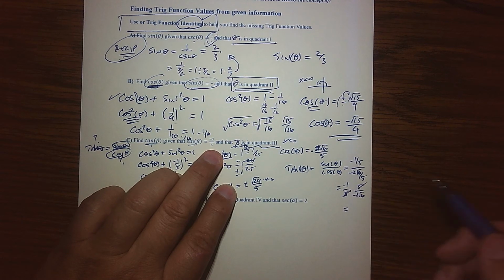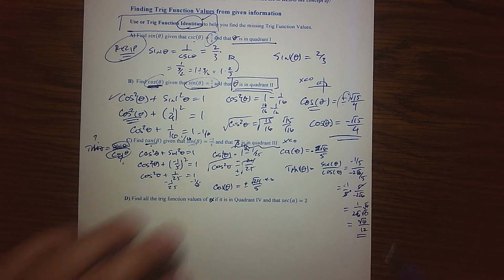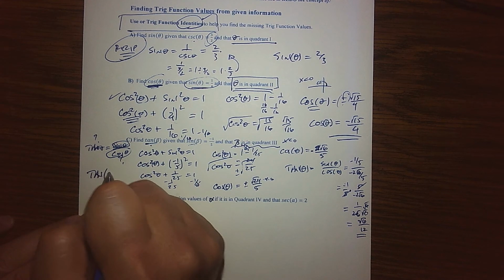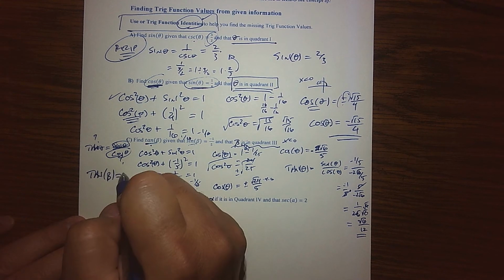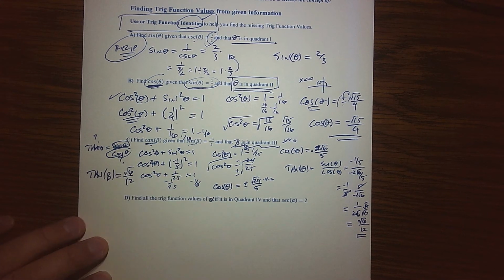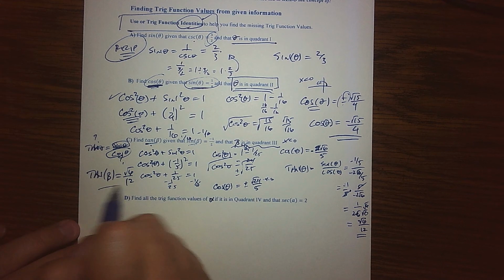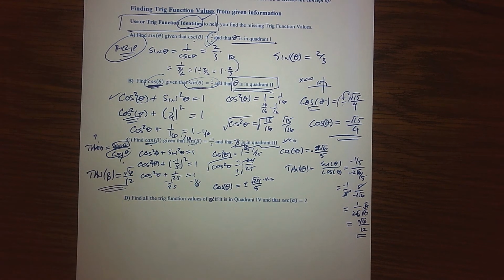A negative divided by a negative is a positive, so we end up with 1 over 2 square root of 6. If I rationalize the denominator, we get the positive square root of 6 over 12, which matches the same thing we got. So the tangent of beta for this situation is the square root of 6 over 12. Again, if you go back, you can see that we got the same thing.